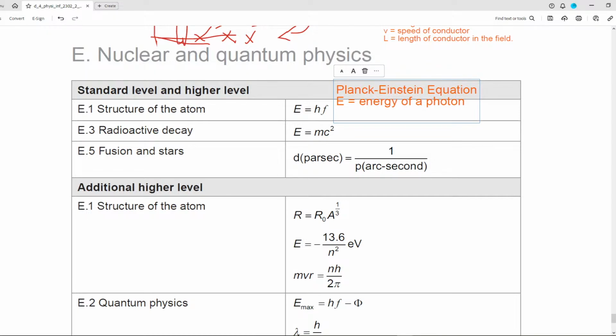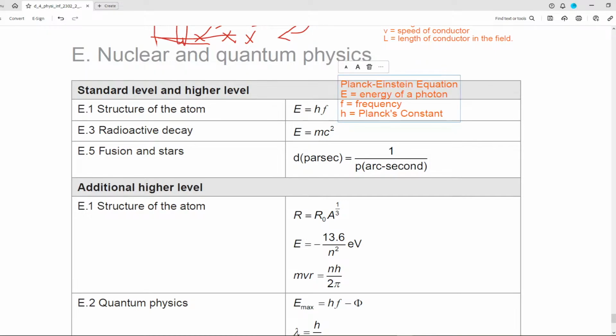Of course that is determined by the frequency and by a scaling factor called Planck's constant, because he derived it. So that is the foundation of quantum mechanics, quantum physics: the foundation that energy is quantized.